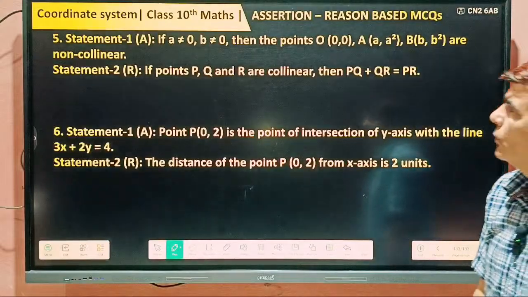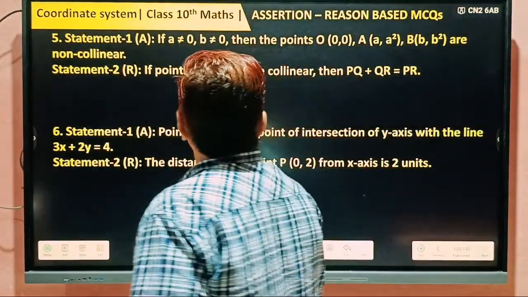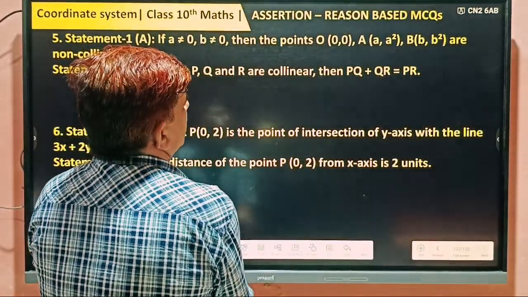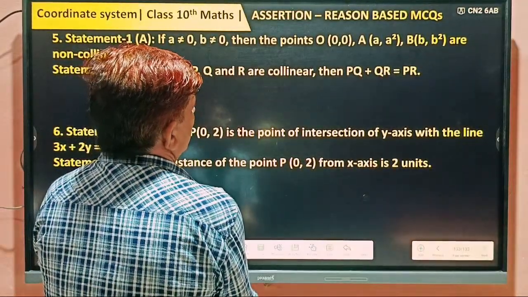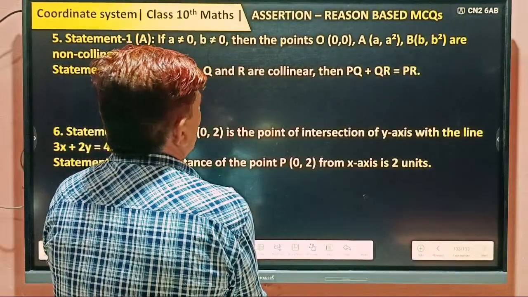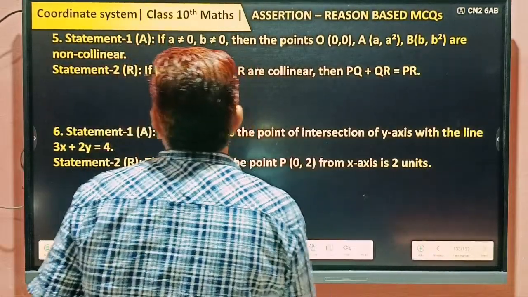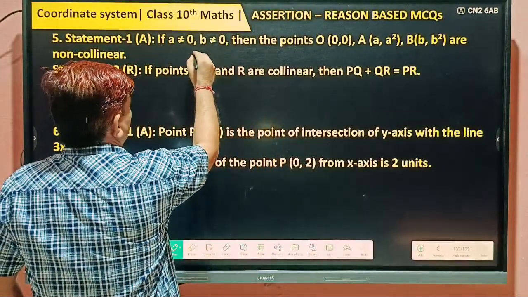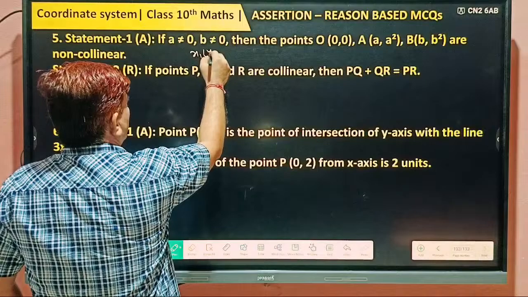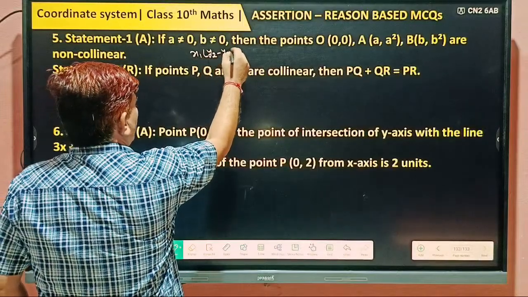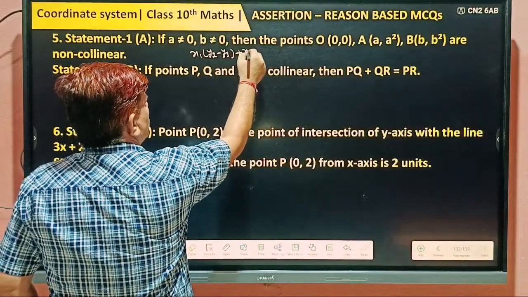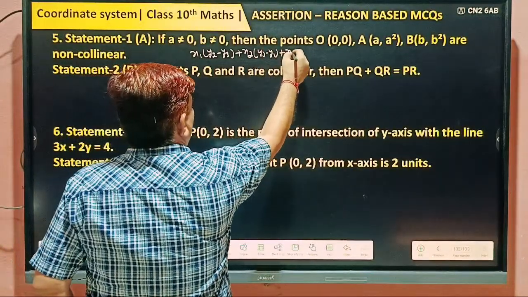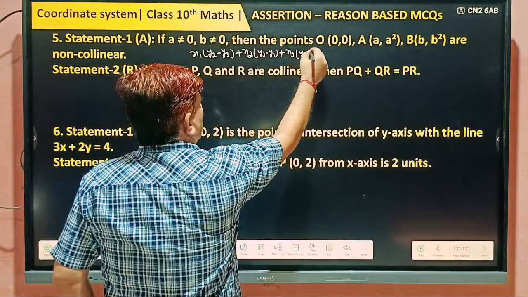One more: if a is not equal to 0, b is not equal to 0, then the points are non-collinear. So we can check, formula we can apply: x1(y2 minus y3) plus x2(y3 minus y1) plus x3(y1 minus y2).